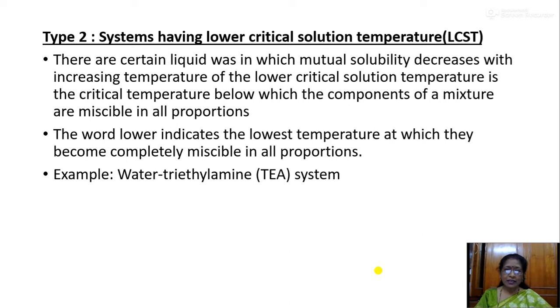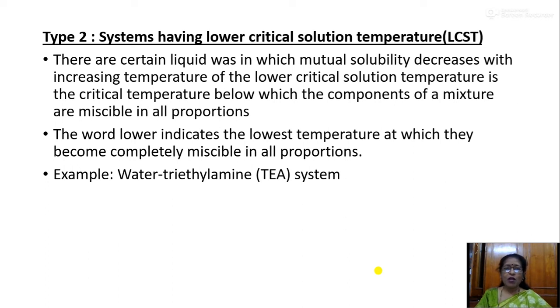These are certain liquids where the mutual solubility decreases with increasing temperature. The lower critical solution temperature is the critical temperature below which the components of a mixture are miscible in all proportions. That is, the word lower indicates the lowest temperature at which it becomes completely miscible in all proportions.